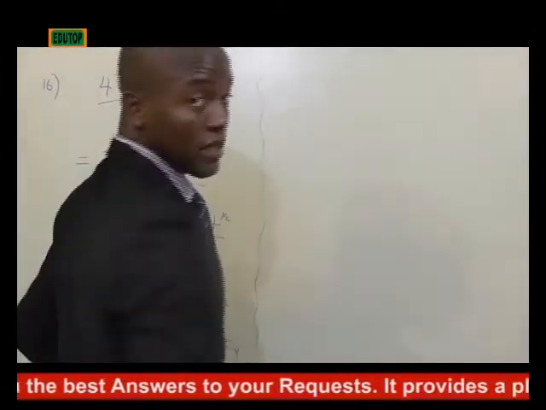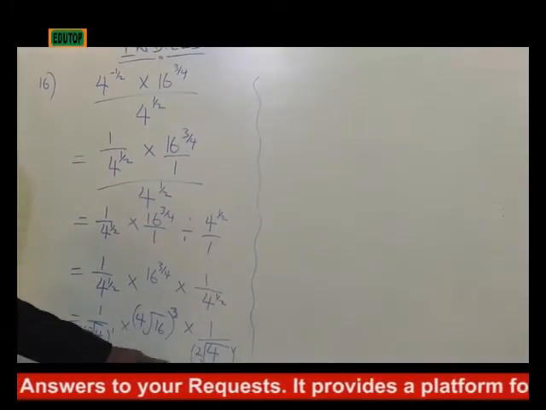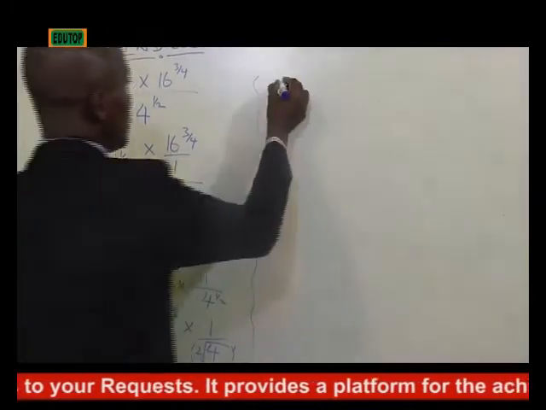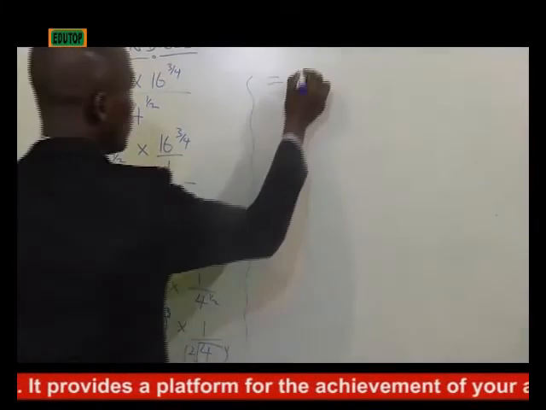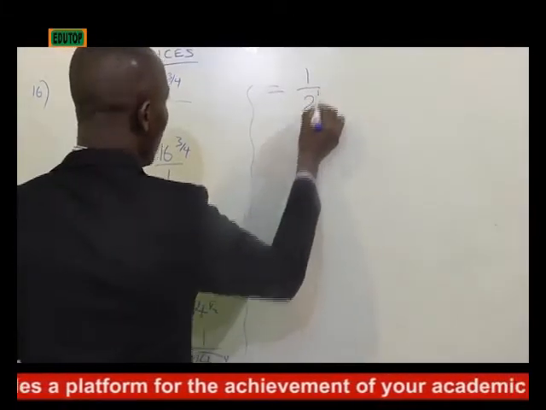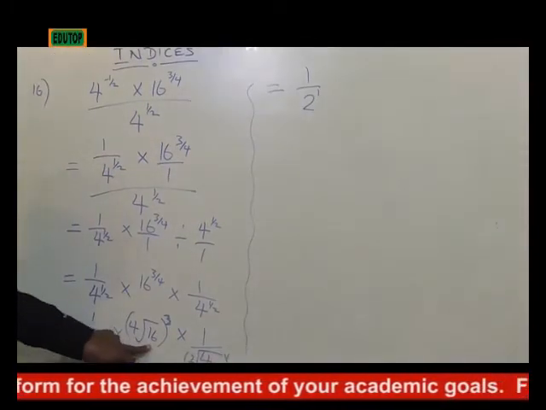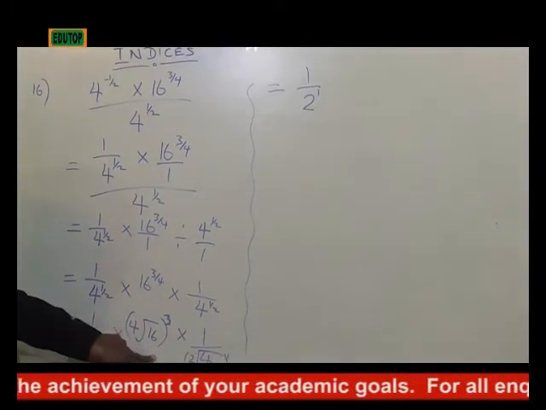So from what we are having here, the square root of 4 is 2, 1 over 2 raised to the power 1. The fourth root of 16 is 2.